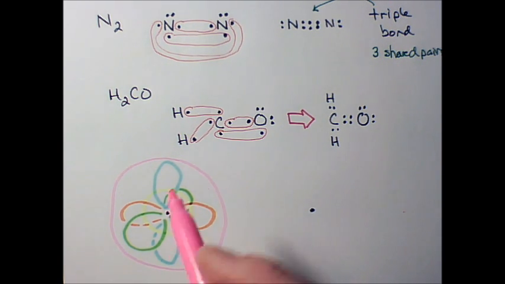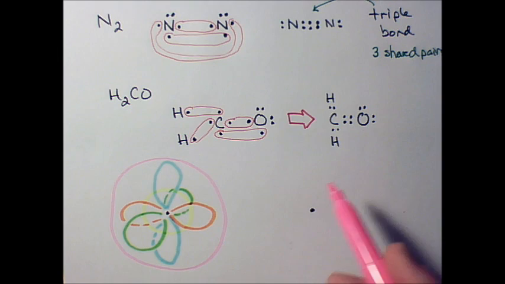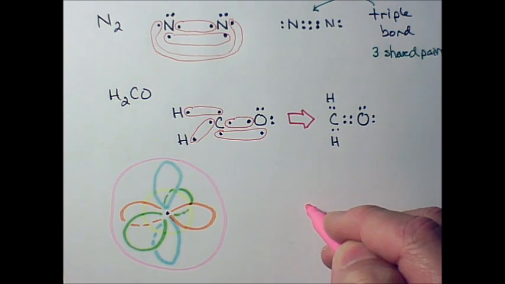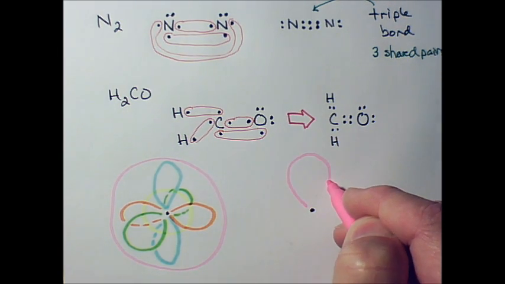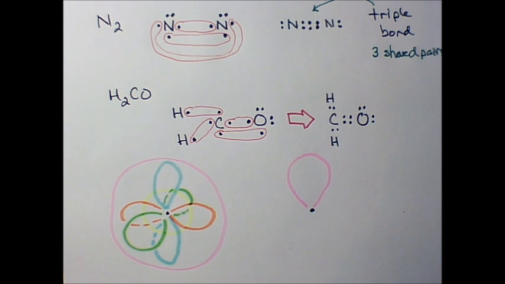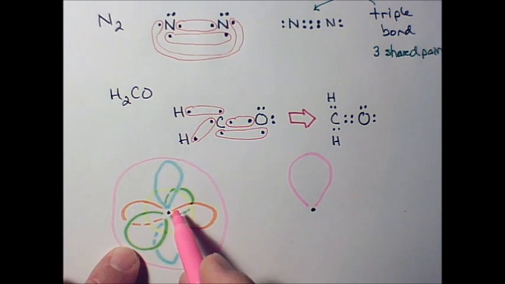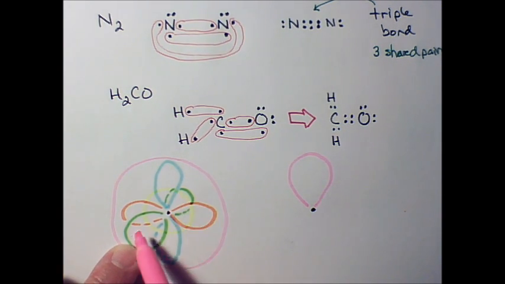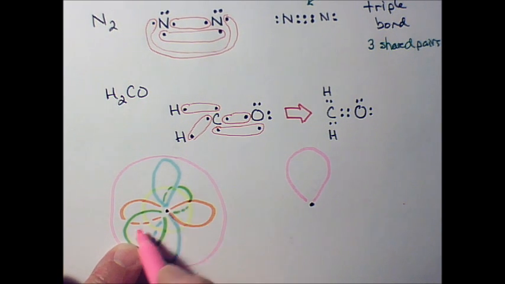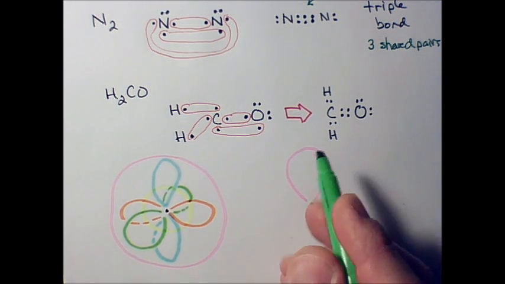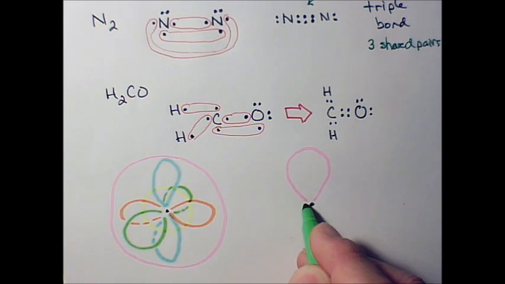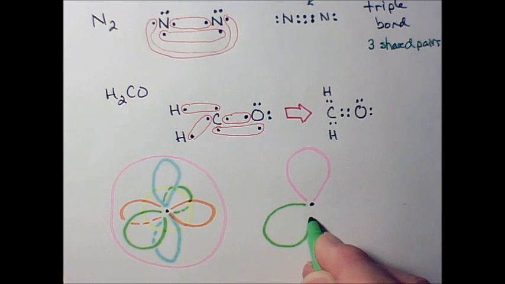And instead of having a sphere, the pink orbital is going to be in the shape of a single balloon. This green p orbital here, 2 nodes, are going to hybridize and change into a single balloon. Instead of 2 balloons, we're going to get this.